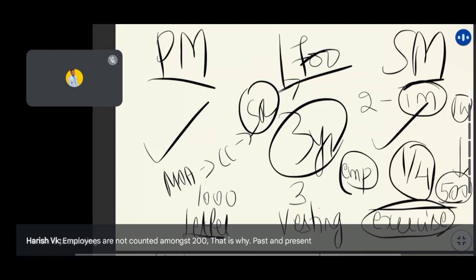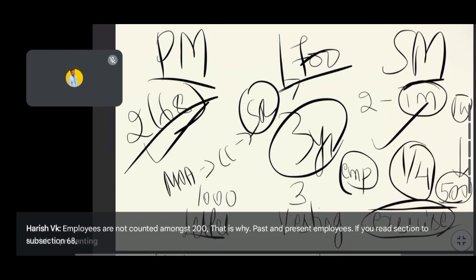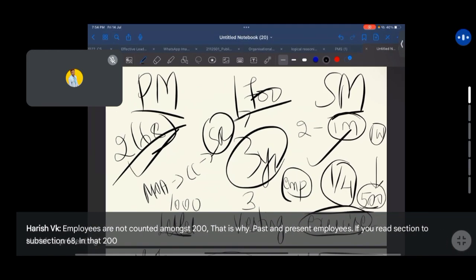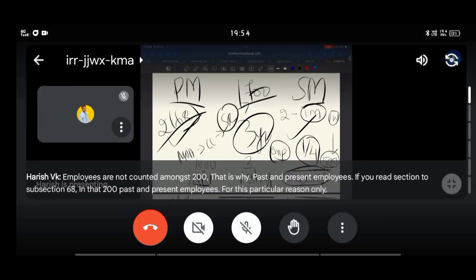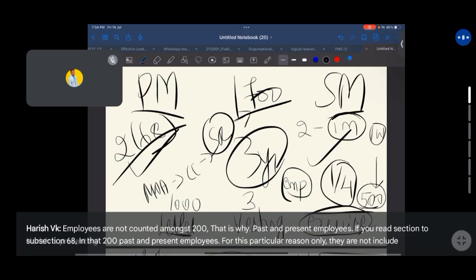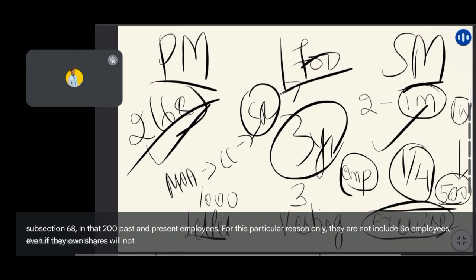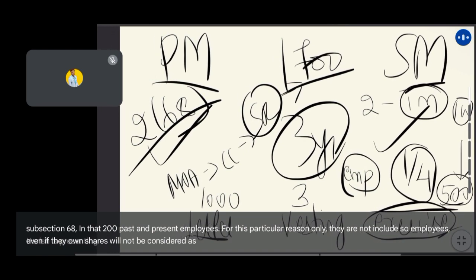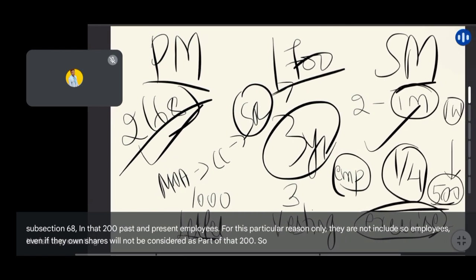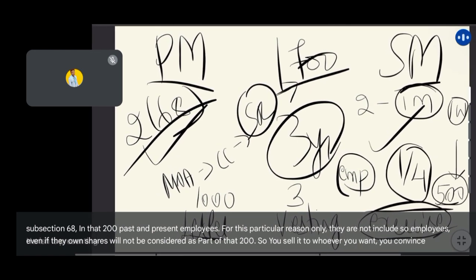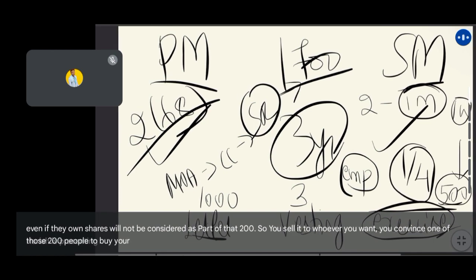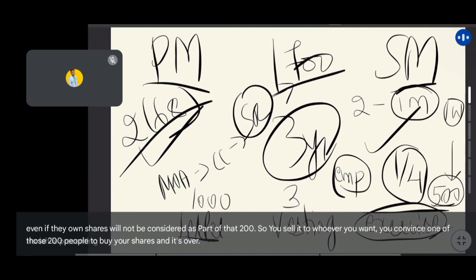Past and present employees, if you read section 2, subsection 68, in that 200, past and present employees, for this particular reason only, they are not in. So employees, even if they own shares, will not be considered as part of that 200. So you sell it to whoever you want. You convince one of those 200 people to buy your shares and it's over. You made the money.